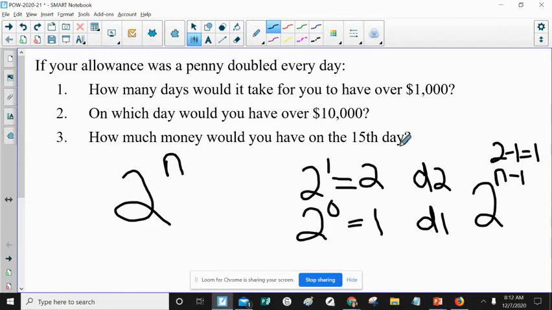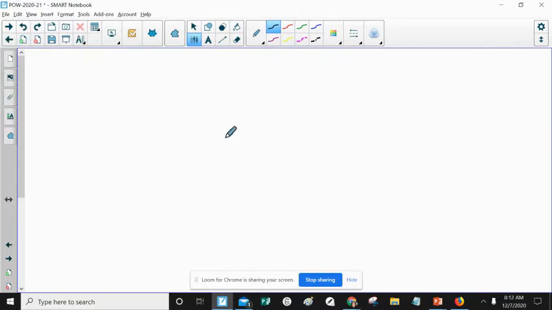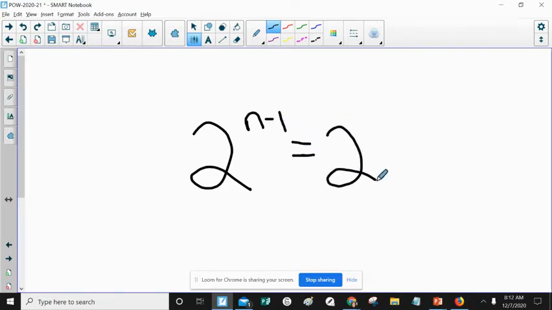So 2 to the first power equals 2 pennies. Okay, so if we continue this pattern of 2 to the n minus 1, we can figure out how much money we have on the 15th day by saying 2 to the 15 minus 1 power, or 2 to the 14th power.